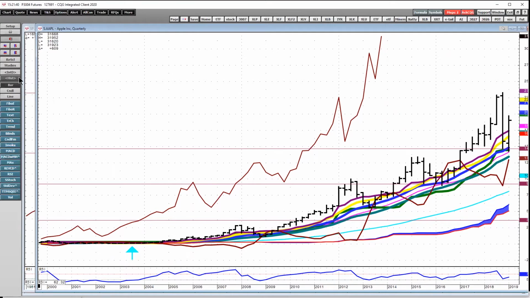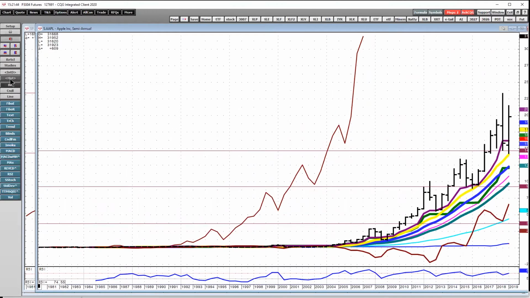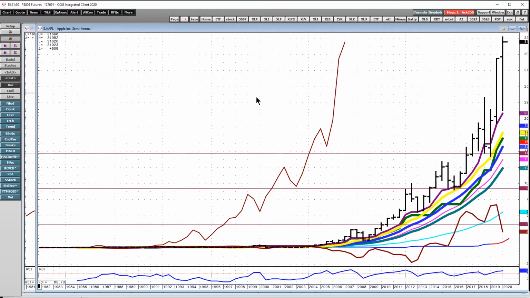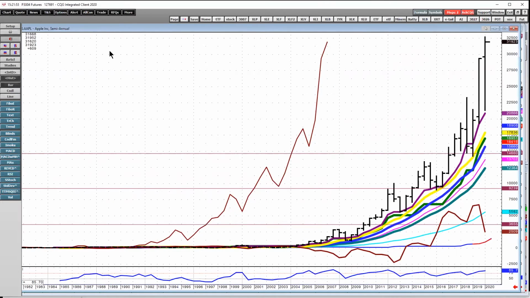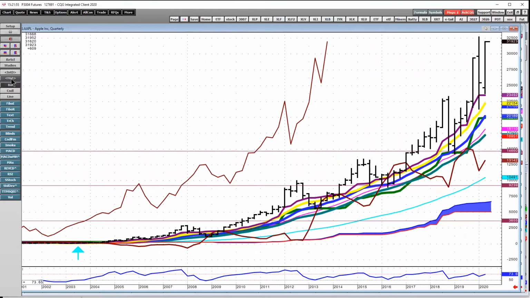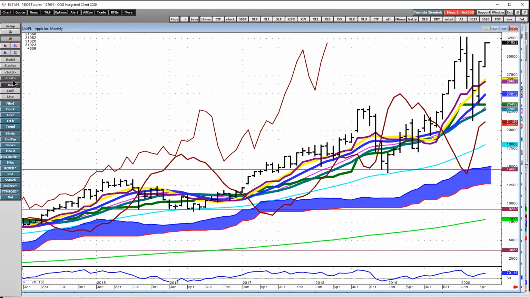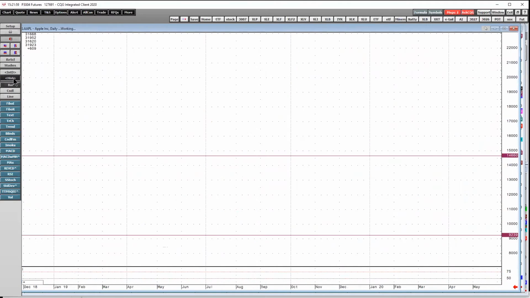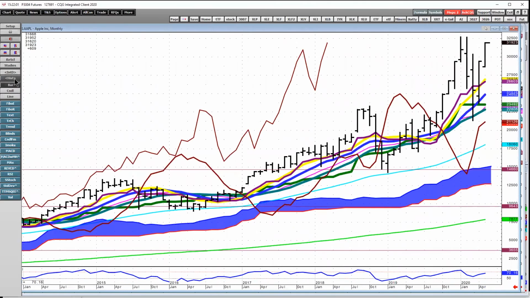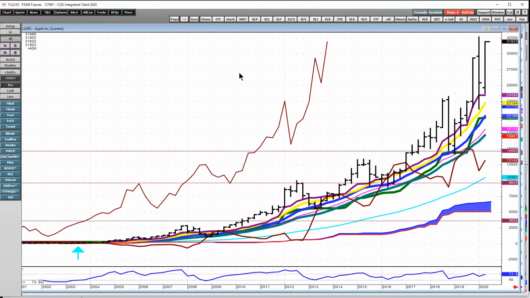You can see Apple coming down on the quarterly when it broke down. Let me move that over because it wasn't the right one. Here, right there on the quarterly.